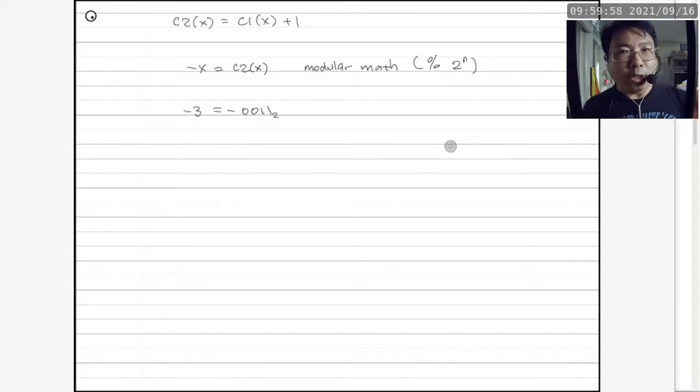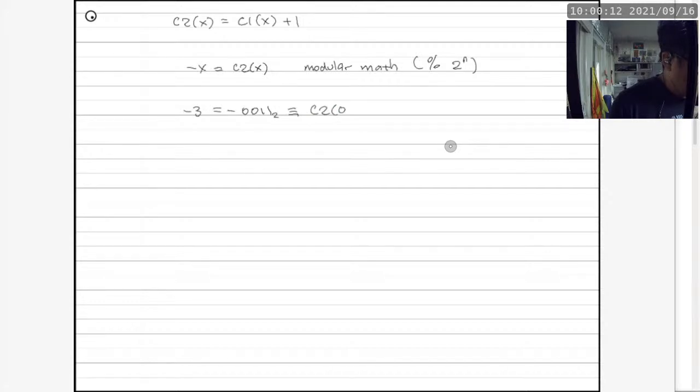That equality, or that congruency, was established in the previous class. So now we say it is congruent to 2's complement of x, which is 0011 in base 2.